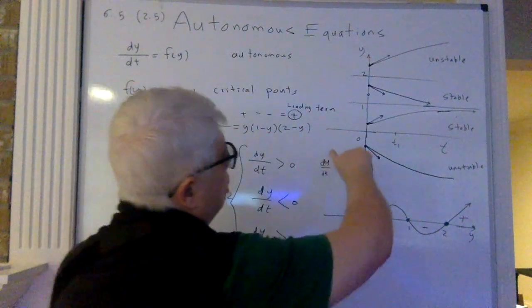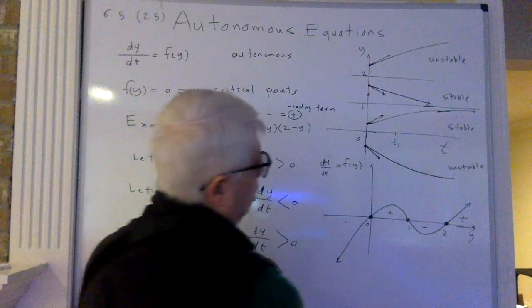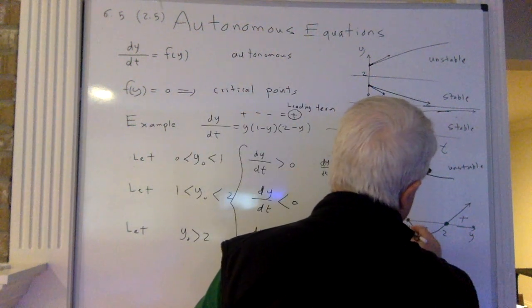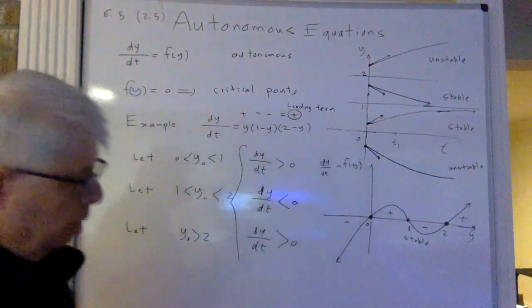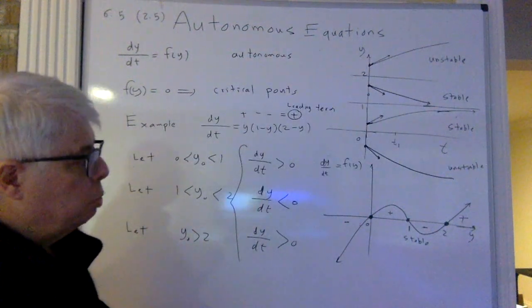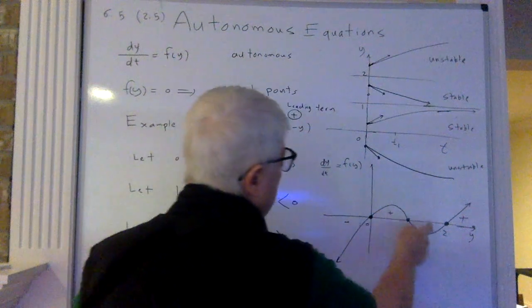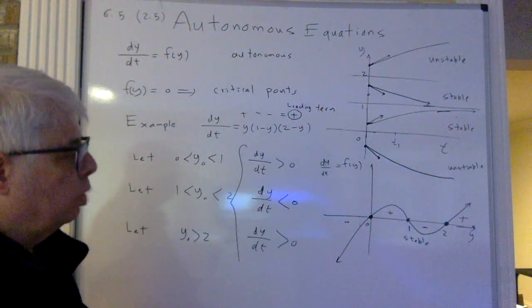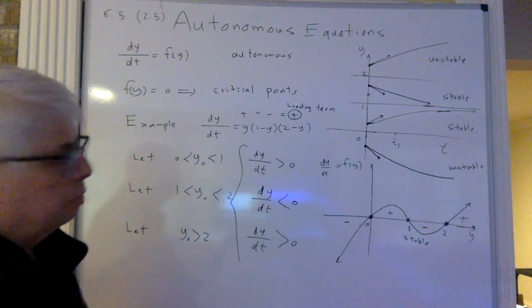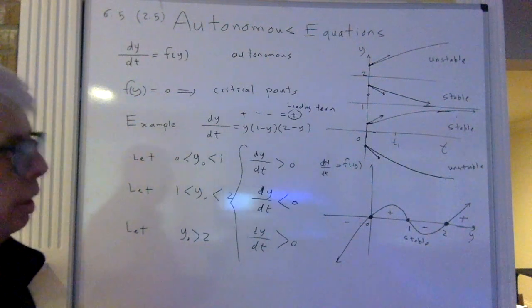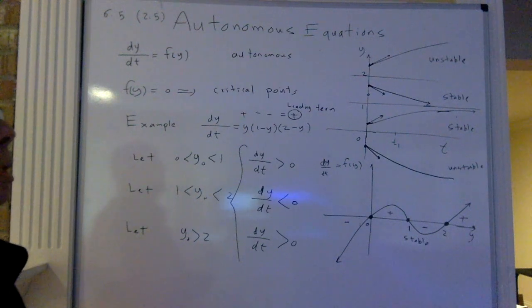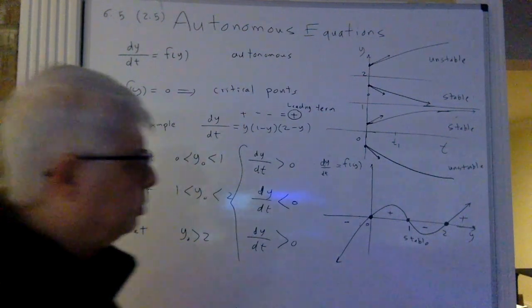Which means this goes this way, this goes this way, so this one is stable. So here and here, if y0 is between 0 and 1 or 1 and 2, we have stable solutions, and they approach y equals 1 as the asymptote.